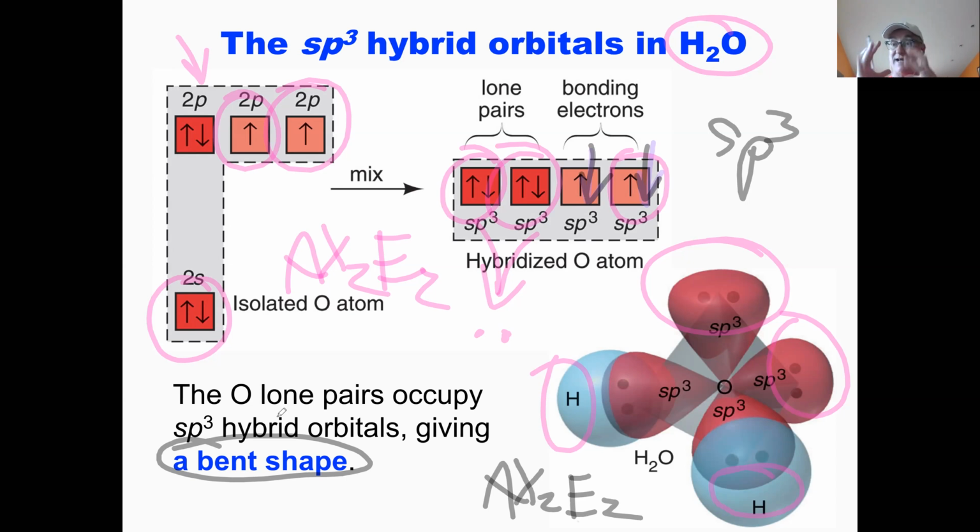So it's the tetrahedral overall geometry, but the shape is dictated by just the atoms themselves. And so when you look at just the atoms themselves, you get a bent shape, okay? Now, when you start to add 5 and 6 regions, it starts to get weird, but kind of fun too.